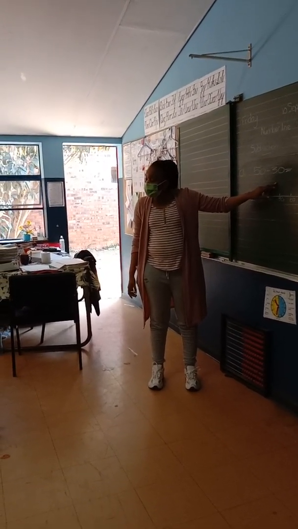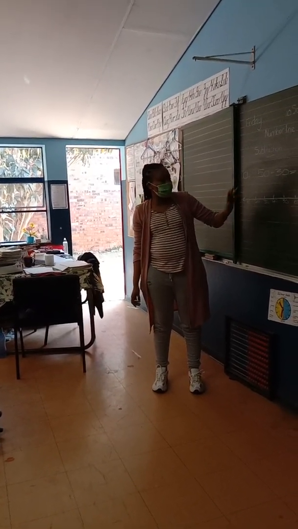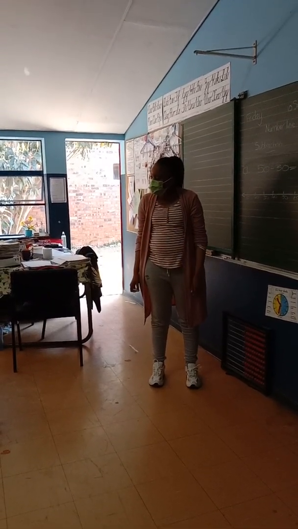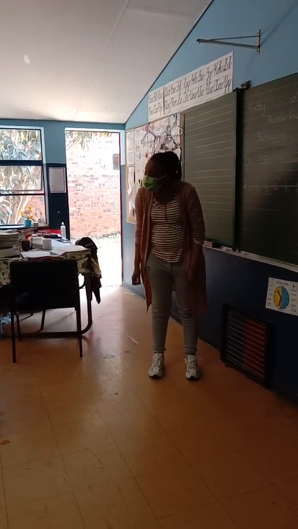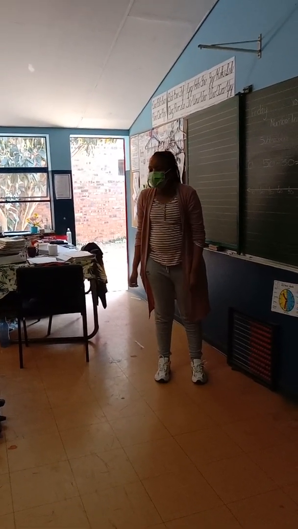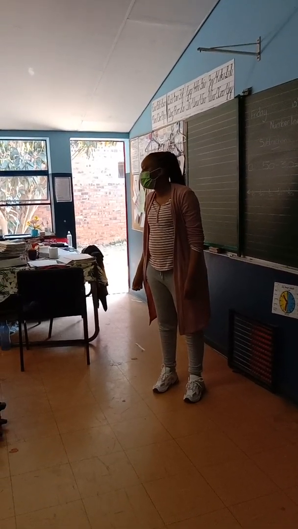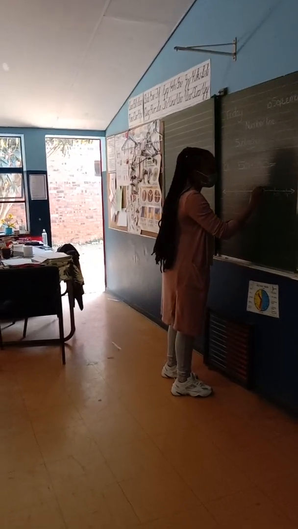You're busy making notes and you're not even listening. What's the next thing we do? Because now we have everything. What's the next step that we must do? The what? Can anyone help him? Yeah? Thank you. Put an arrow at 50.